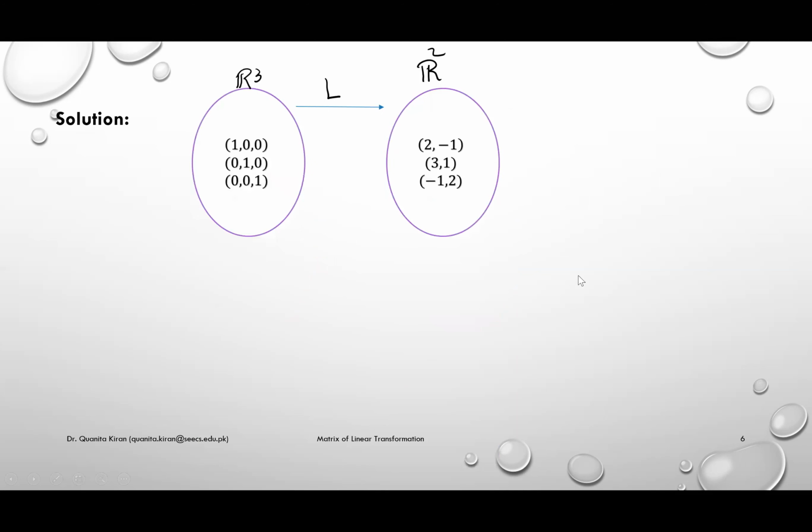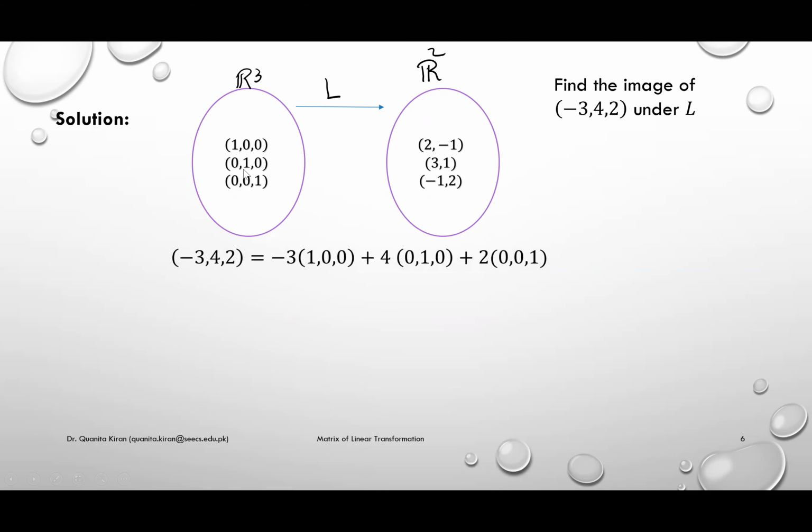Solution for this problem. First, we see that since this vector belongs to R3 and these are the basis vectors of R3, every vector in R3 can be uniquely represented as a linear combination of basis vectors. So (-3, 4, 2) is uniquely written in terms of its basis vectors.